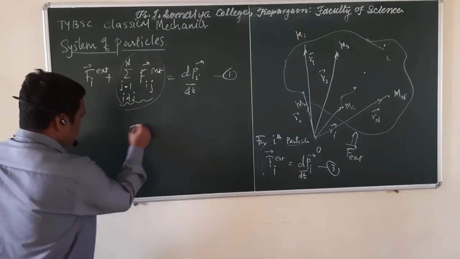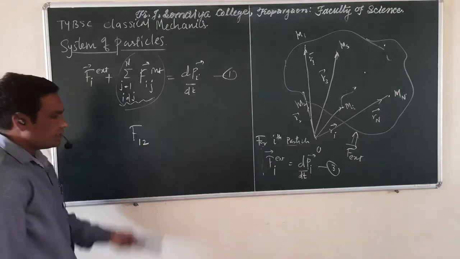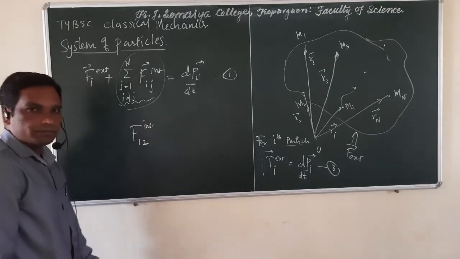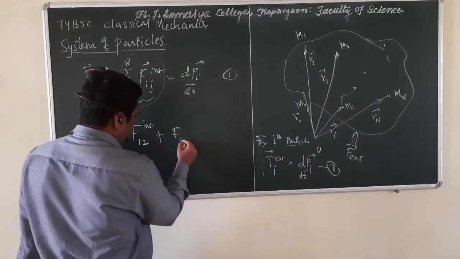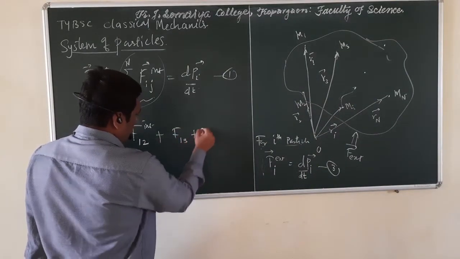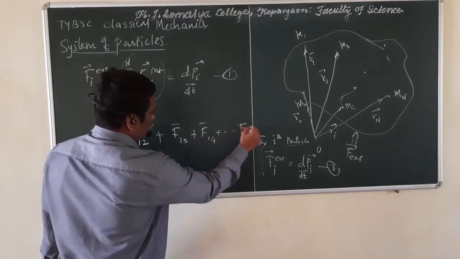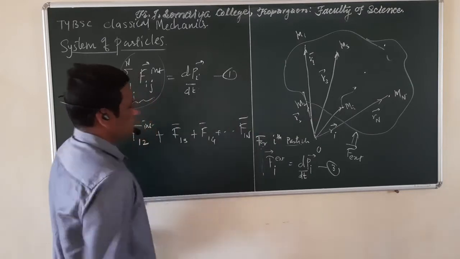First of all, the force acting on the first particle due to the second, we call this F12, and this force is an internal force. Plus, we can say force acting on first due to third, force acting on first due to fourth, up to force acting on first due to the last mass.